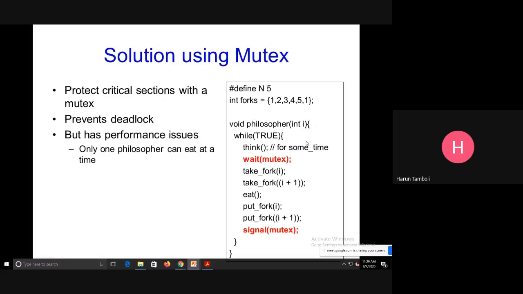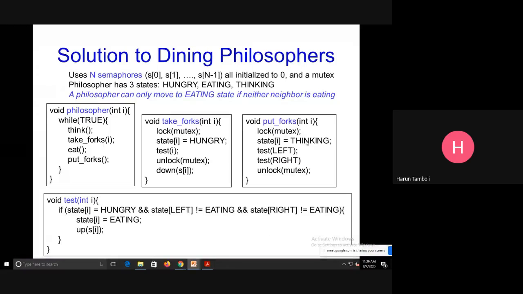Here in the mutex, before checking the status of the neighbor, it is directly locking. But here it is providing the locking only if neither neighbor is eating. That is the main thing.